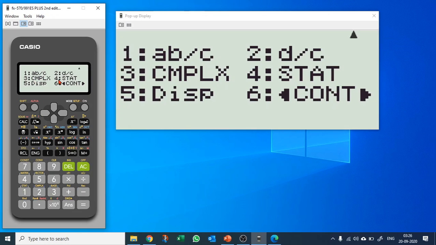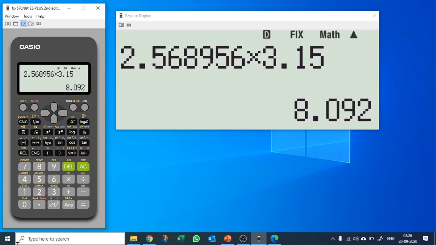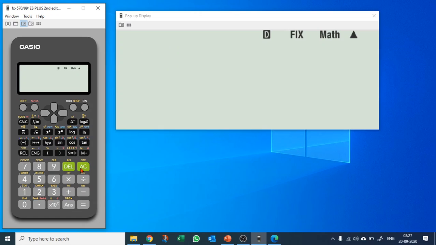If you would like to solve complex numbers, let's say I go into complex, there are 2 options, a plus bi or polar r theta. Let's say you want to do a plus bi. Now if you would like to do 3 plus 4i, this would work only when you are in complex mode.